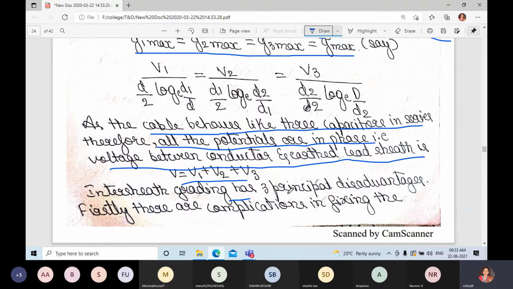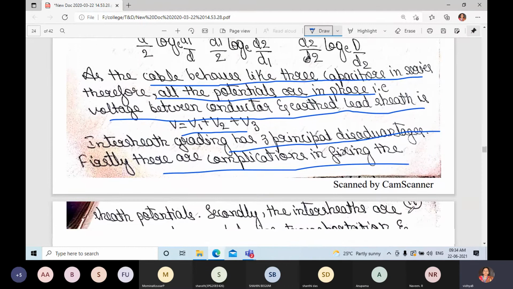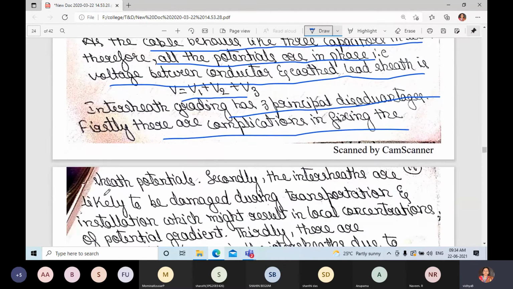Intersheath grading has three principal disadvantages. Firstly, there are complications in fixing the sheath potentials. We need to fix the potential for each layer, right? That is difficult.